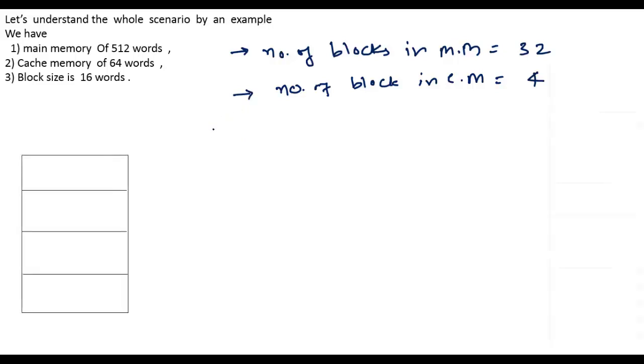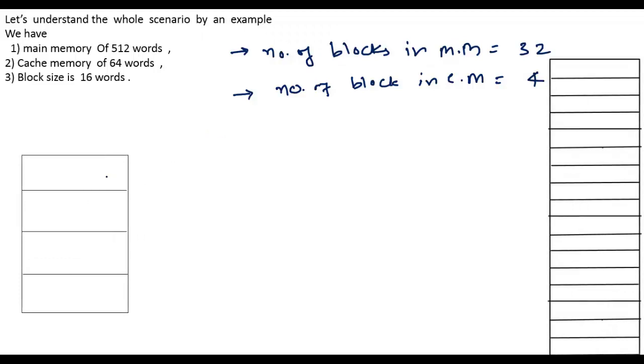Let's understand this is a cache memory and this one is a main memory. So I would number the blocks 0, 1, 2, 3, 4, 5, 6, 7, 8 up to, remember this, 31.